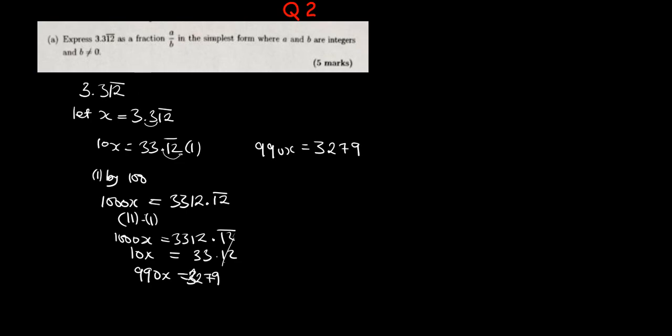So x is equal to 3279 over 990. I can't simplify this any further, it is just huge for me, so I'll leave it as 3279 over 990.